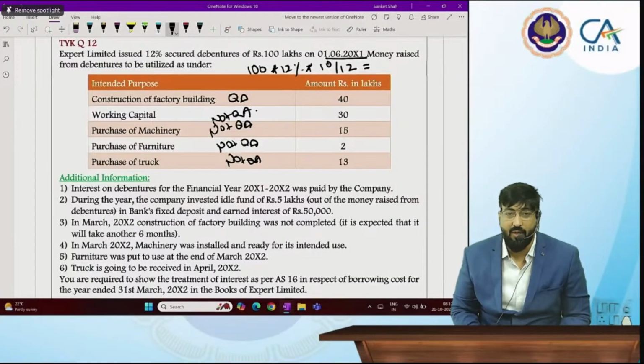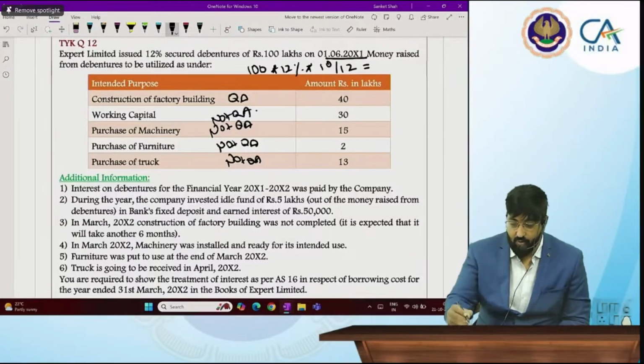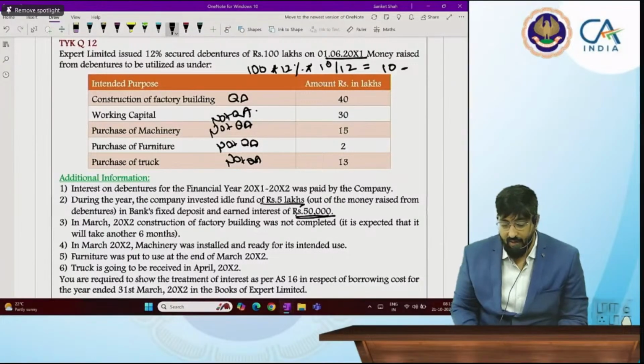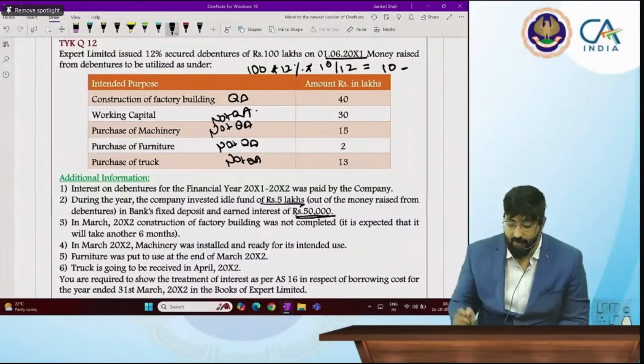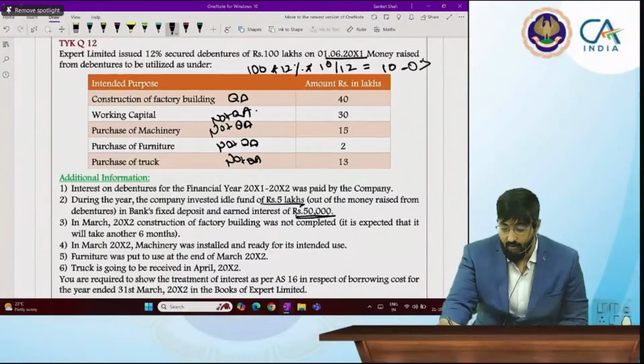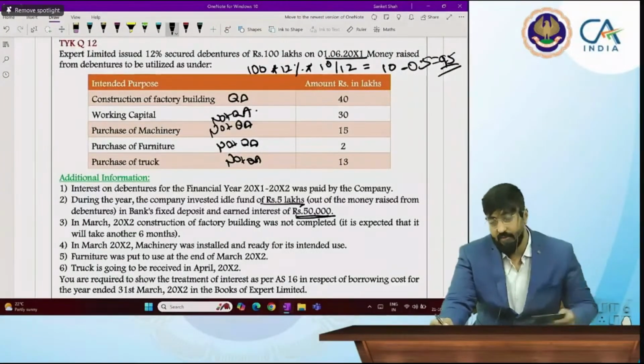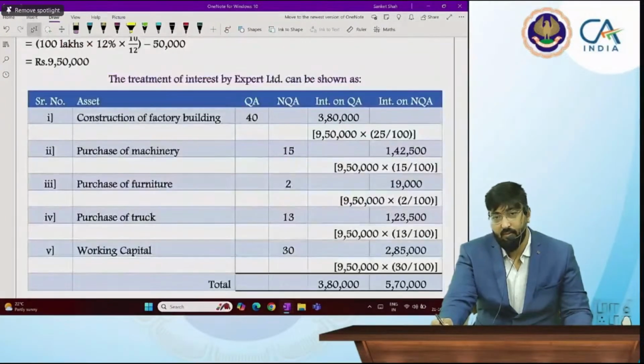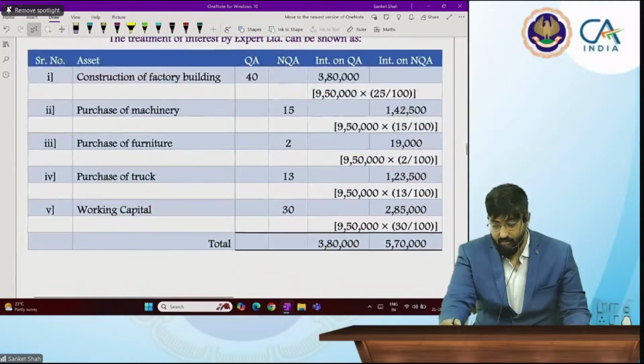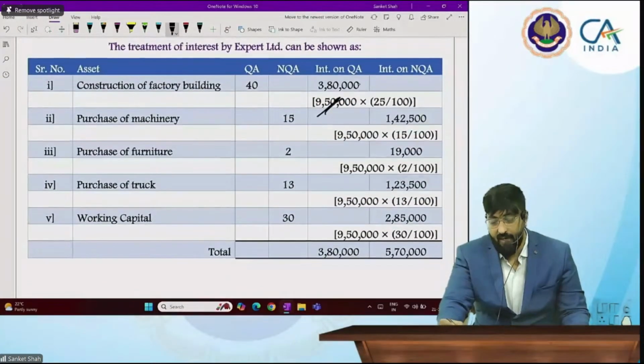So you have only 10 months left. Yes, sir. So it is 10 lakh minus the idle funds you invested and you got interest. So only 950 will be capitalized.